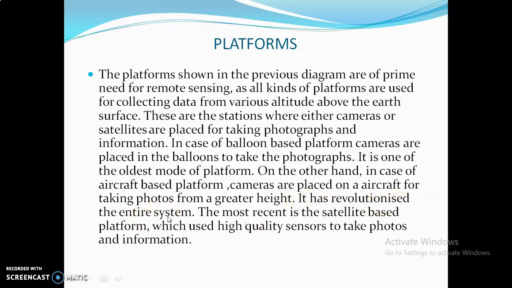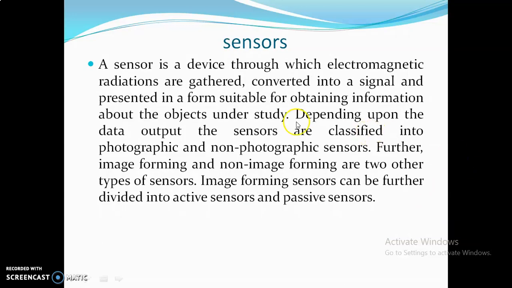As soon as the aircraft based platform came, the whole system was revolutionized, and something entirely new came. The most recent is the satellite based platform, which we call remote sensing. The satellite based platform uses high quality sensors to take photos and information.